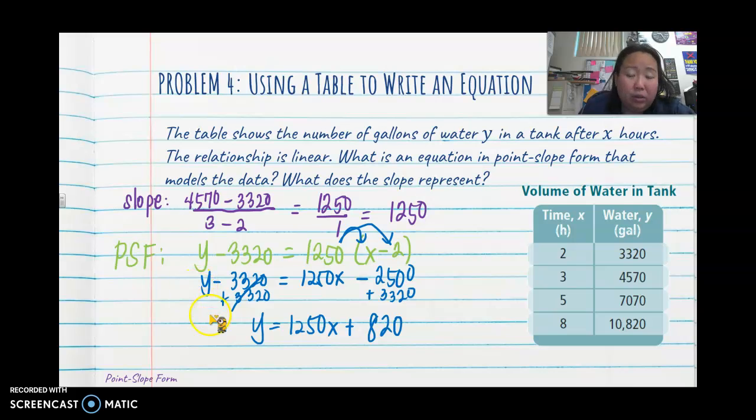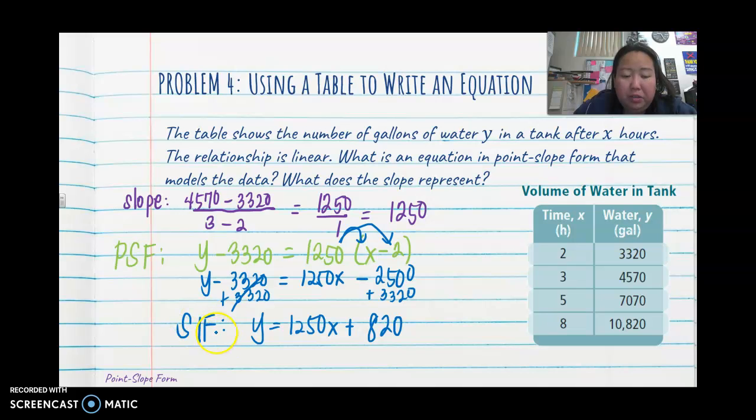We need to isolate y, so we add 320 on both sides, and in the end it will be y is equal to 1250x plus 820. This is the slope intercept form.